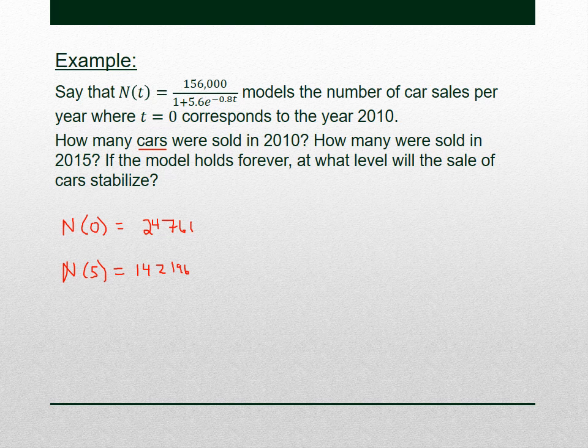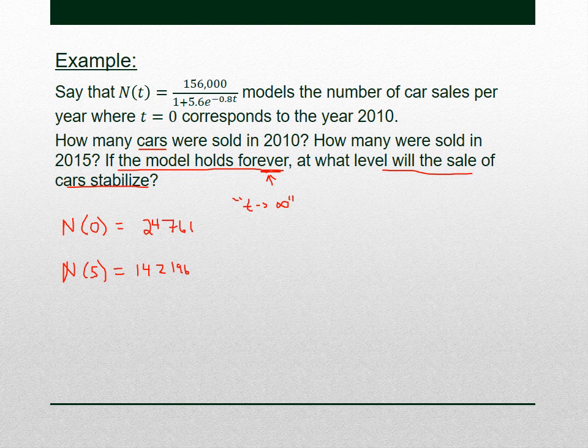All right, so now is where we get that logistic growth. If it holds forever, so that keyword forever makes you think we're going to take T going to infinity. Sorry about that. So we're going to take T going to infinity.